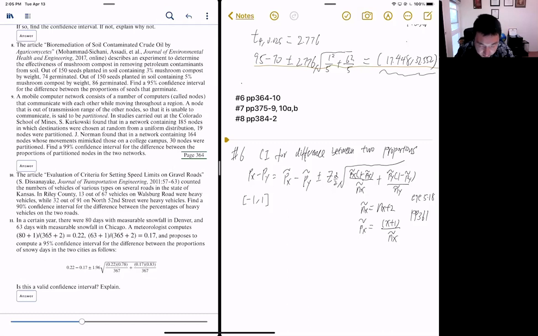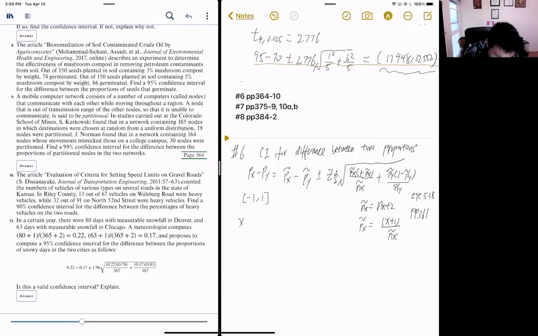Based on the equation, we just need to figure out the numbers. So x is 32, nx is 91. The modified nx is 91 plus 2, and the modified px, based on the equation, is 32 plus 1 over 91 plus 2.